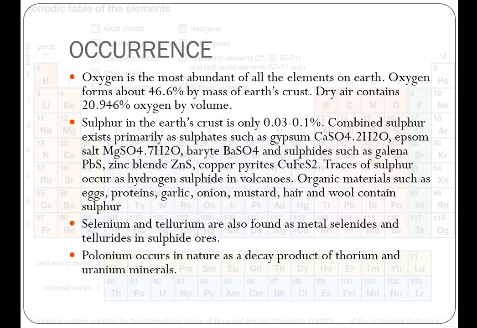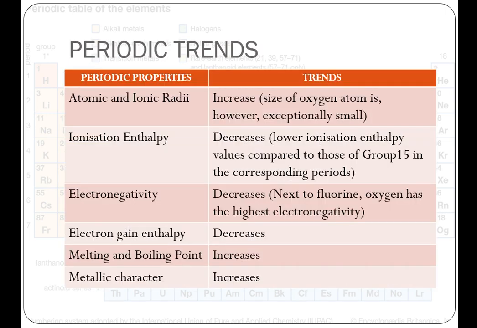Some organic materials such as eggs, proteins, garlic, onion, etc., also contain sulfur. Selenium and tellurium are found as metal selenides and tellurides. Polonium occurs in nature as a decay product of thorium and uranium.